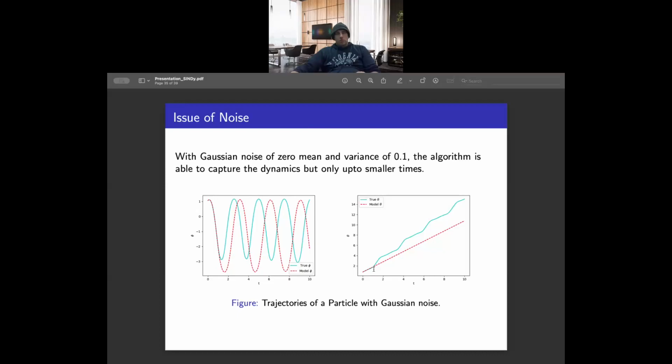On the panel on the left, you can see that up to t equals 1, you are able to capture the exact dynamics, but after that it is not able to. The same is true for theta as well. After 1, you are not able to capture the exact dynamics, and that is the issue with SINDy-PI. I guess our next step is creating an algorithm which would be robust to these small noises as well.